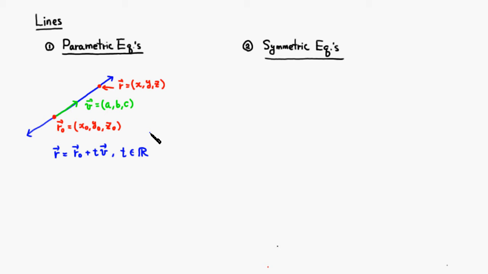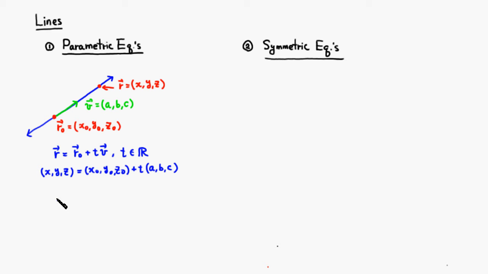If you write this component-wise, it's x, y, z equals x0, y0, z0 plus t times the direction vector a, b, c.